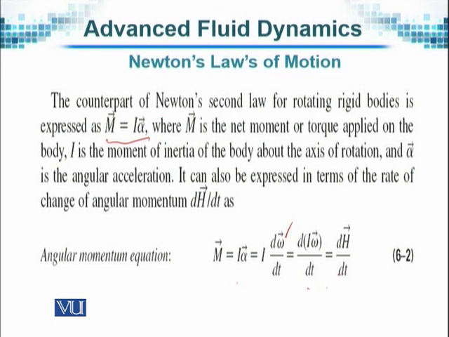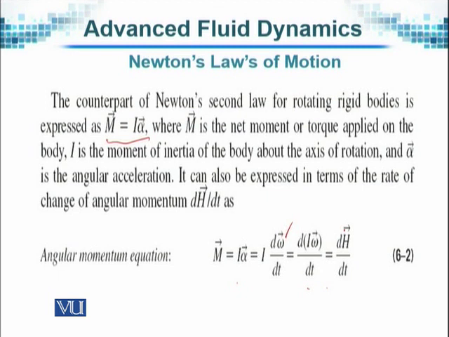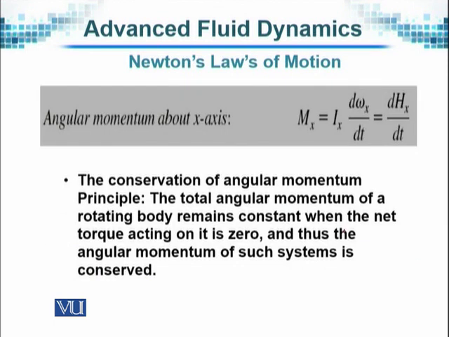The momentum equation can be written as dH by dt if we take H as angular momentum. Angular momentum about the x-axis, from the same equation. Now this is a vector quantity, so obviously it will have components in all the rectangular coordinate directions x, y, z. In the axial direction, we can simply put x in the subscript, and the remaining equation will remain the same.